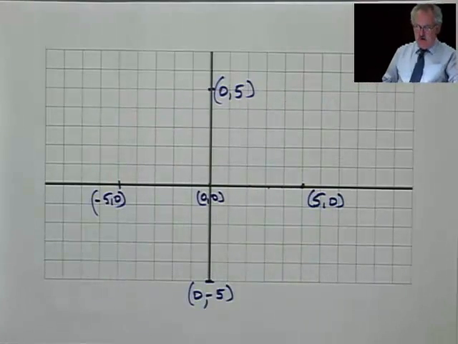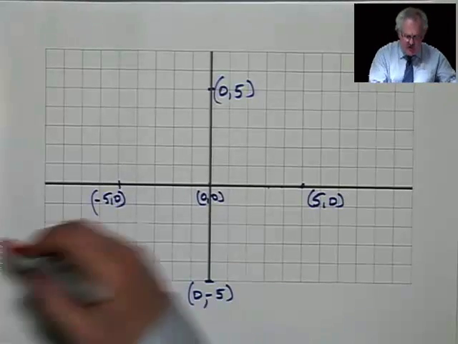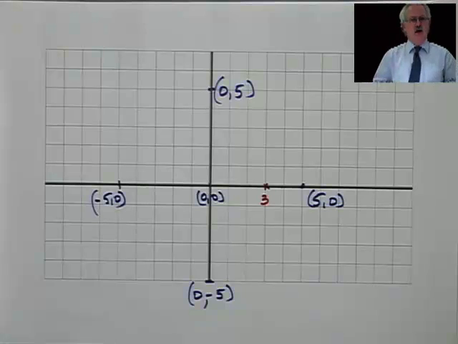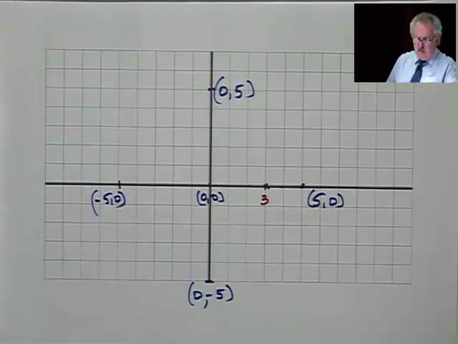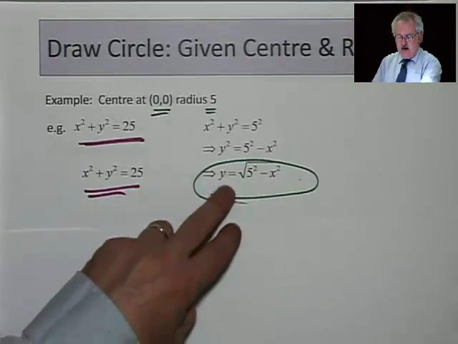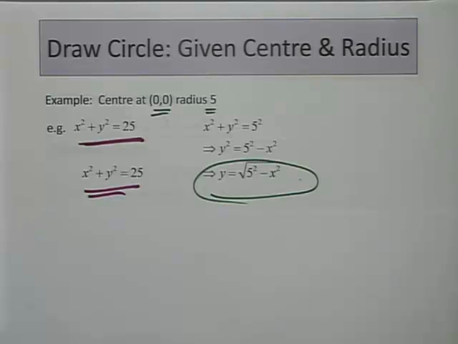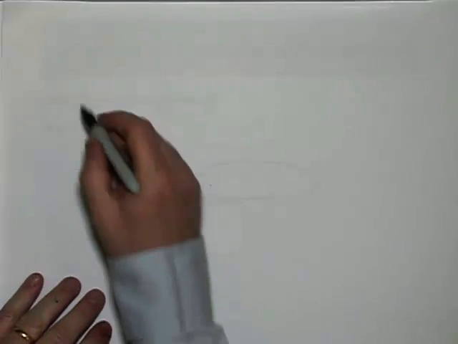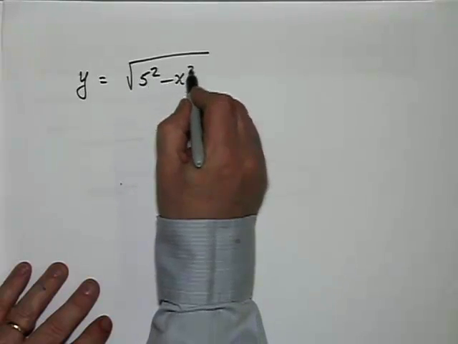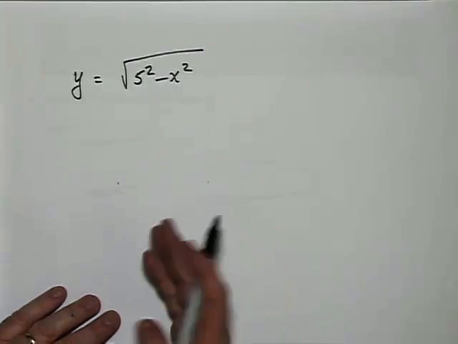In other words, what's the value of y when x is equal to 3? Well, you go back to the formula that we've just picked up: y is equal to the square root of 5 squared minus x squared. We've done a million of these.